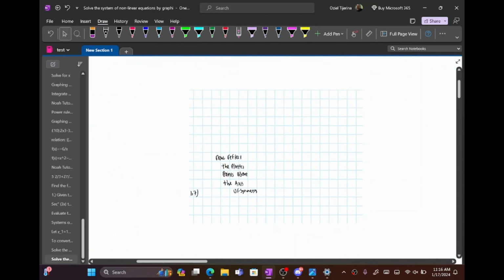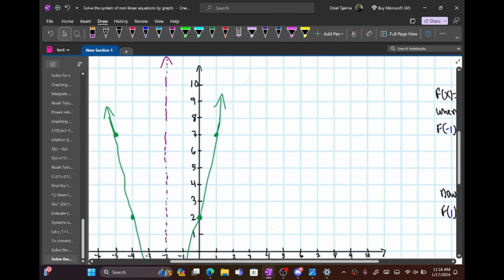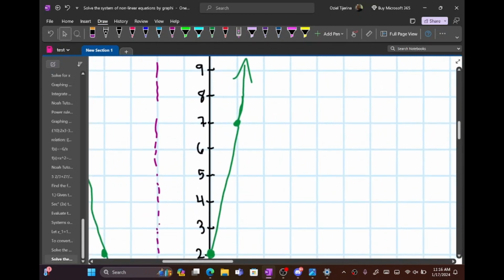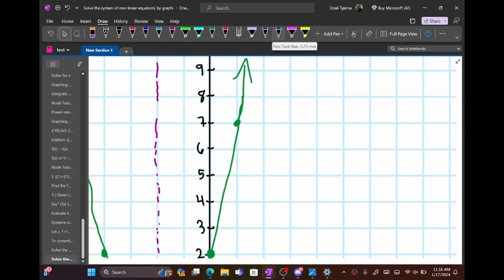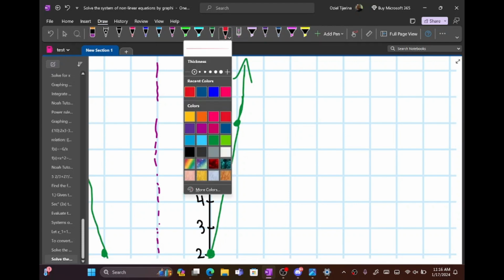Then we're going to plot the y-intercept here. So we have the y-intercept at 0, comma 5. I'm running out of colors. I'm sorry, guys.